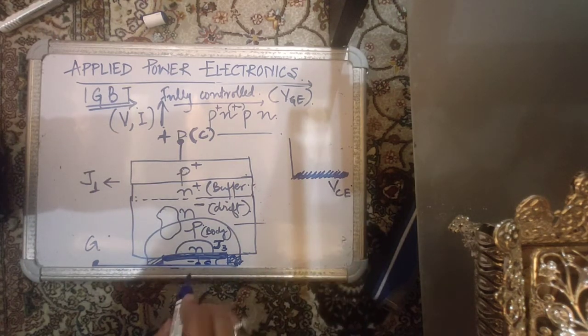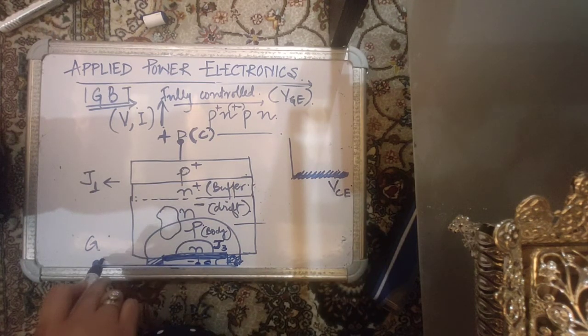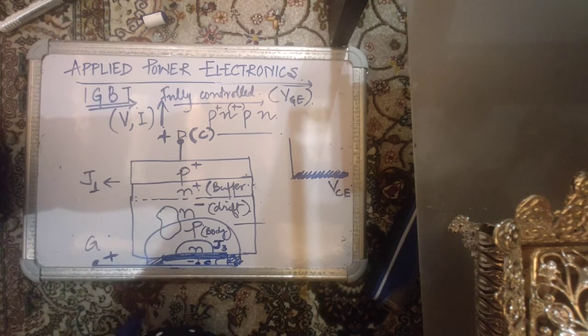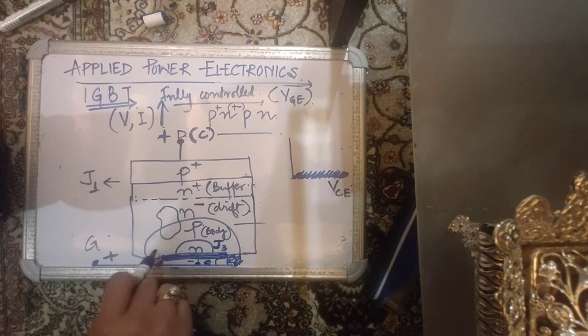Now what happens is that if I give some positive potential at the gate, it's not injection of current, it's just putting voltage across the gate emitter terminals, because the gate is actually insulated from your main wafer.